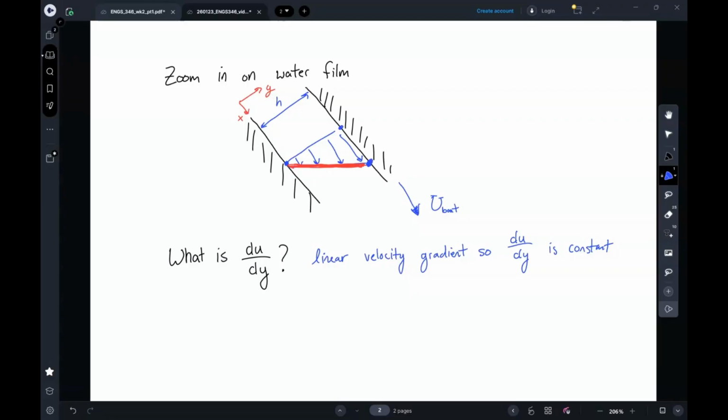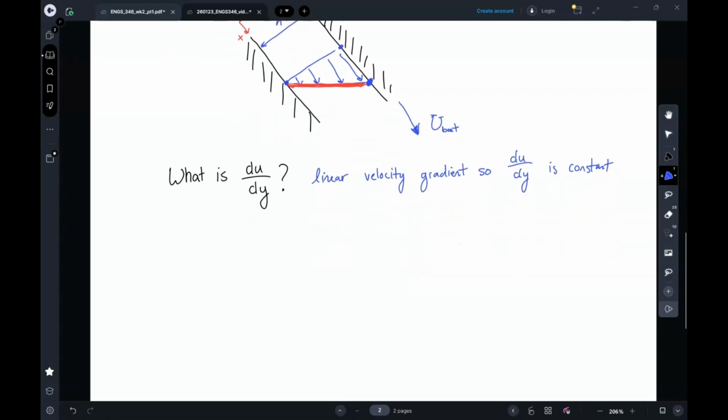But because the slope is constant, the shear stress is actually going to be the same throughout the entire film of water. So let's do that. du/dy is the slope of u, which is the velocity in the x direction, which is just rise over run.